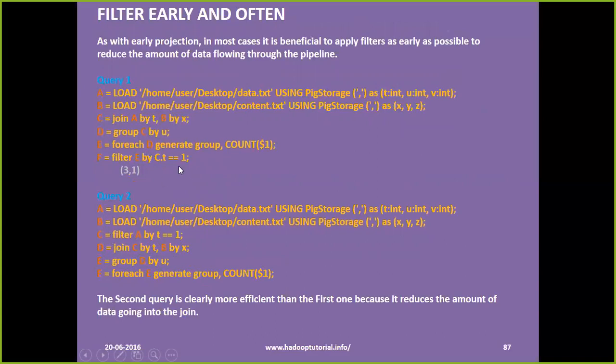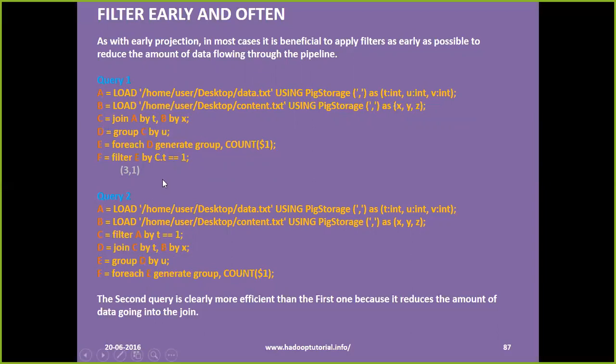So let's say if you don't filter this c dot t equal to 1 in the beginning, and you have 1,000 records, all the 1,000 records should go through the map and reduce phases in the join and group by statements. This join, in the background, runs a MapReduce job only. And whatever you do, this group by and all these things will get executed through MapReduce jobs in the background.